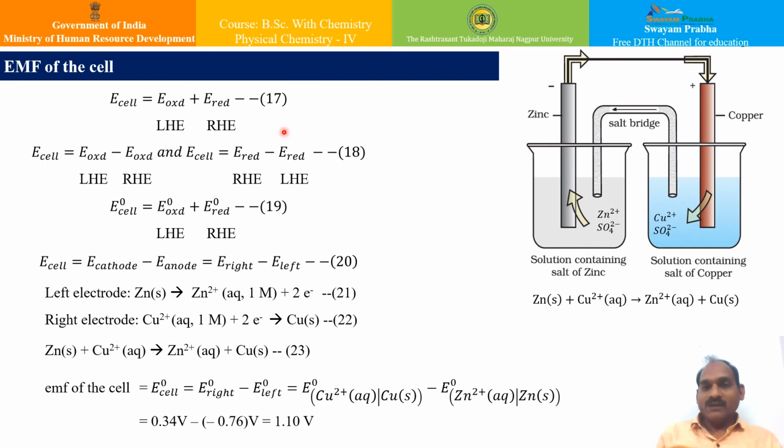Now what will happen if it loses or gains electrons? Either there will be an oxidation or there will be a reduction at the electrode-electrolyte interface. So the tendency to lose or gain electrons when it is in contact with its own ions is basically called electrode potential.